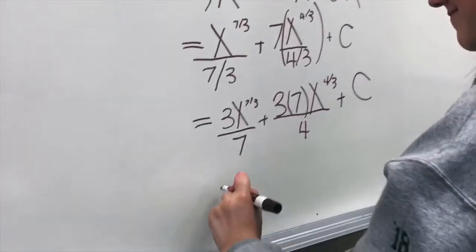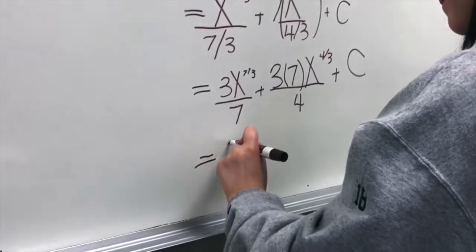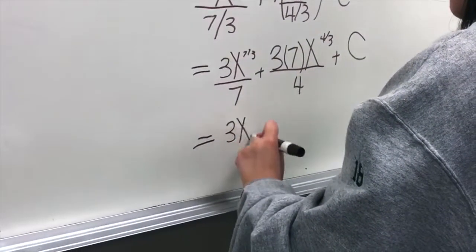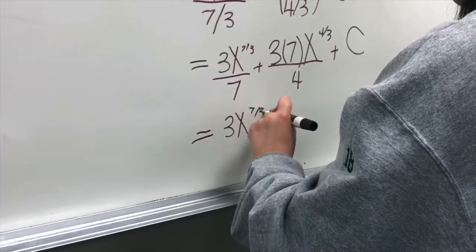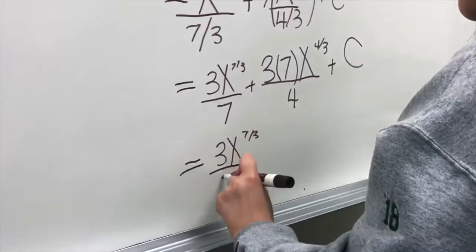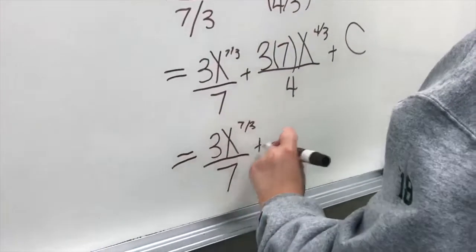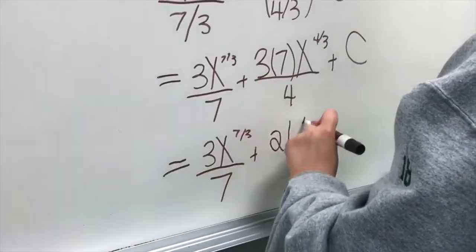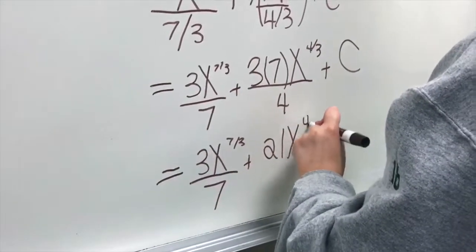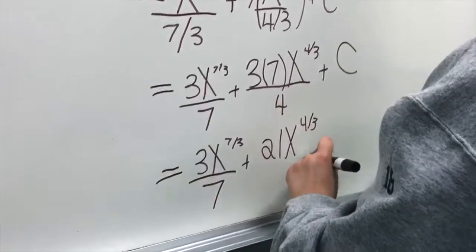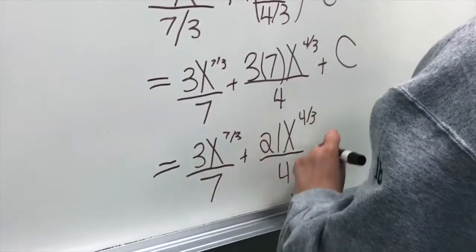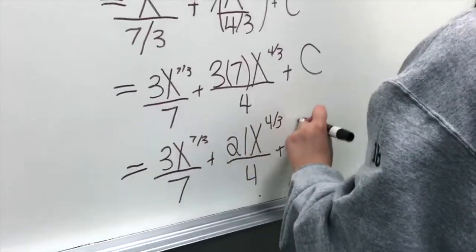And then we can simplify that down to 3x to the 7/3 power over 7 plus 21x to the 4/3 power over 4 plus c.